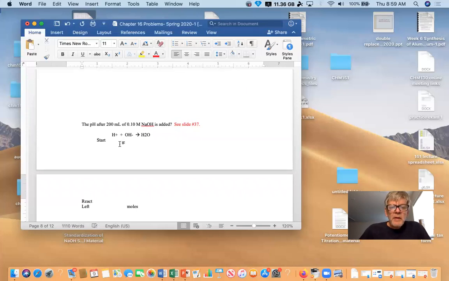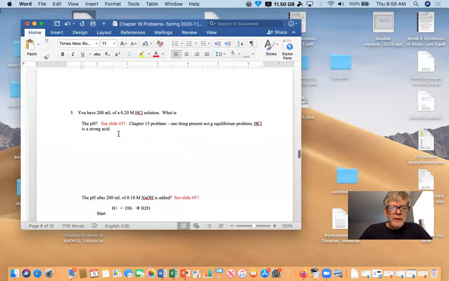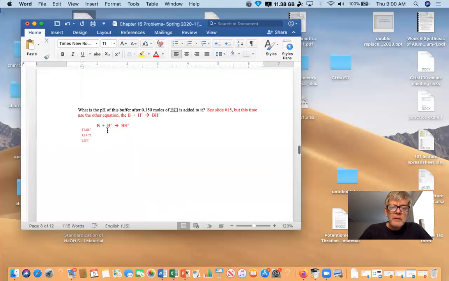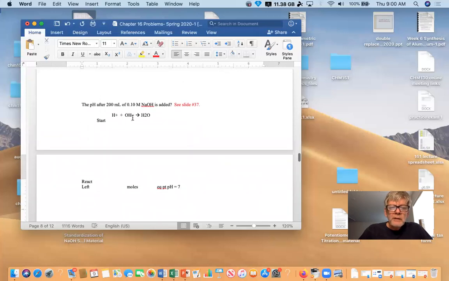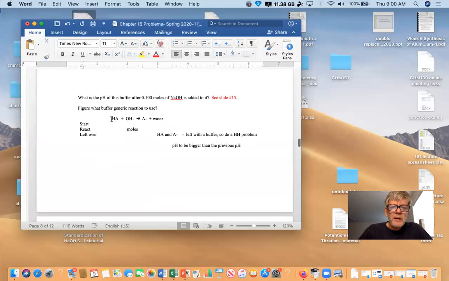If we're at the equivalence point, we know the equivalence point is going to be a pH of 7, because all we have is water. Or we're left with strong acid, well, that's just like if we were left with strong acid in these equations. Or we're left with strong base, but that's just like if we were left with strong base in the previous problems.